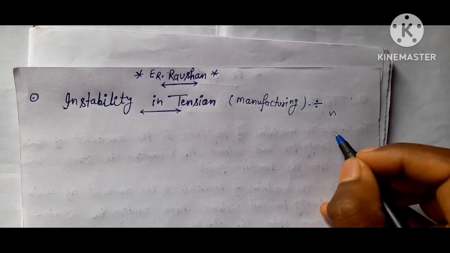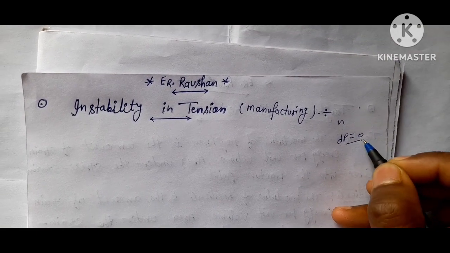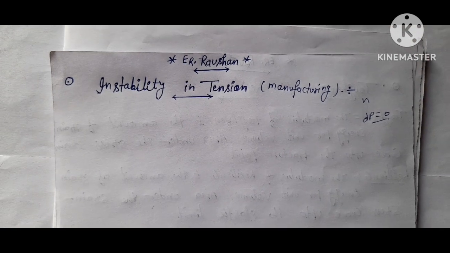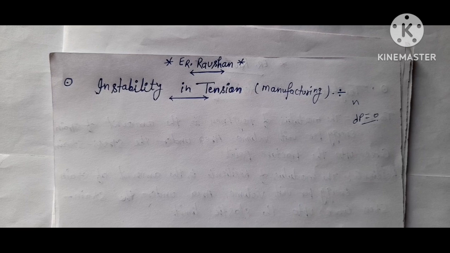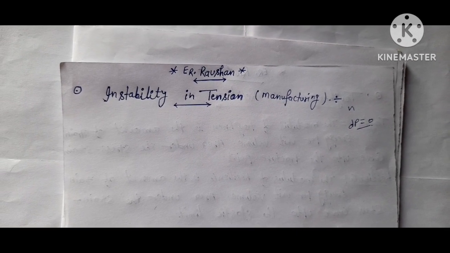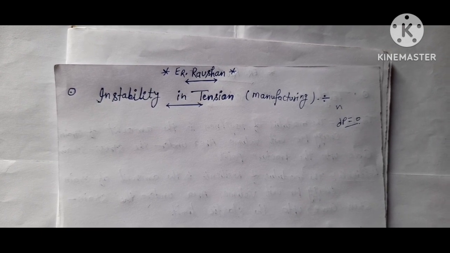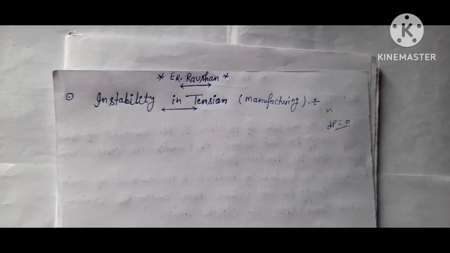You see here dP equals 0 at UTS. It means instability begins, that is, the specimen begins to neck and can't support the load because the cross sectional area of the necking region is becoming smaller as the test progresses.